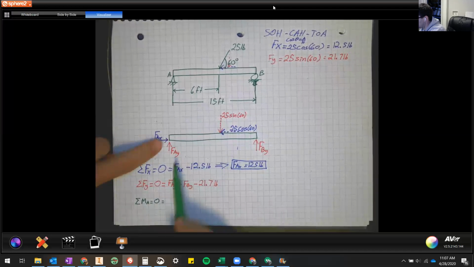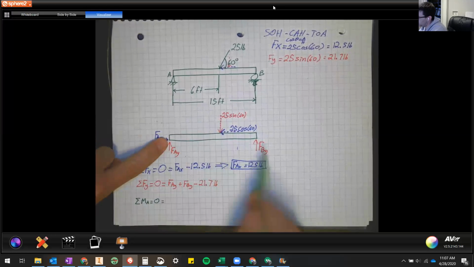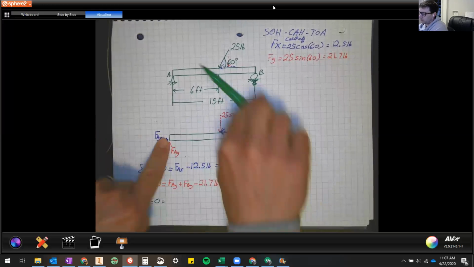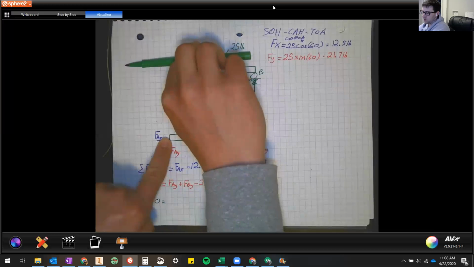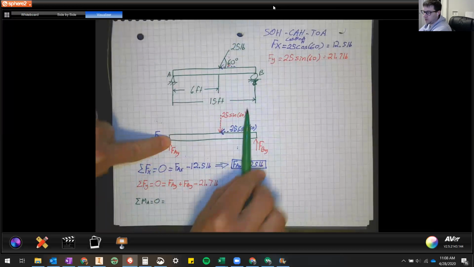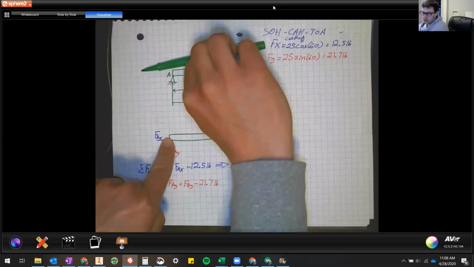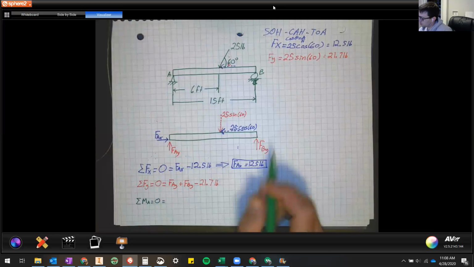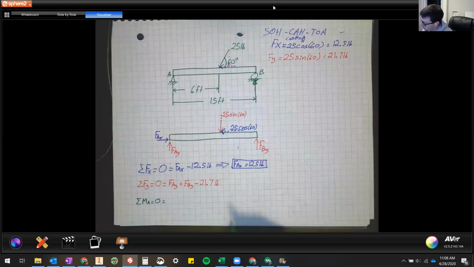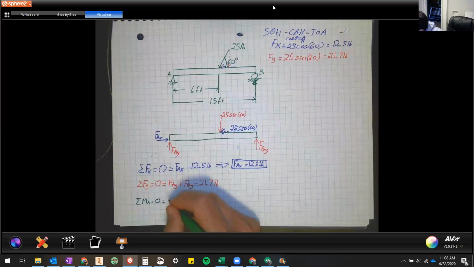If I think of this as my pivot point and this force is moving up, it would make that whole beam pivot like this, because that force is pushing up. Since that's counterclockwise, this FBY is going to give me my positive moment.